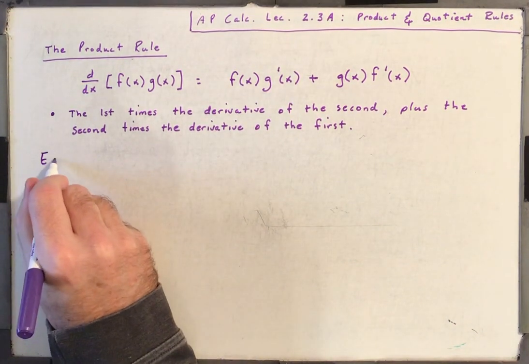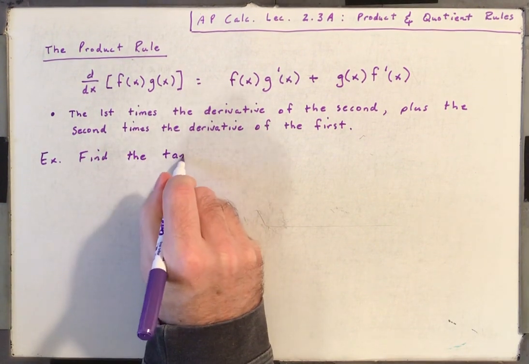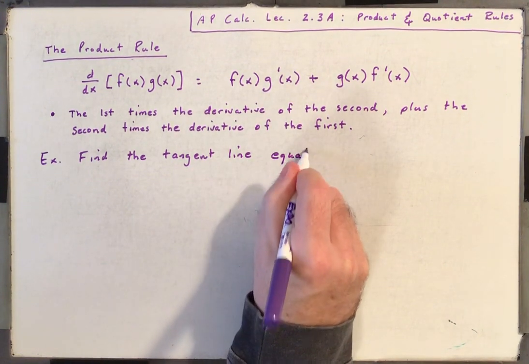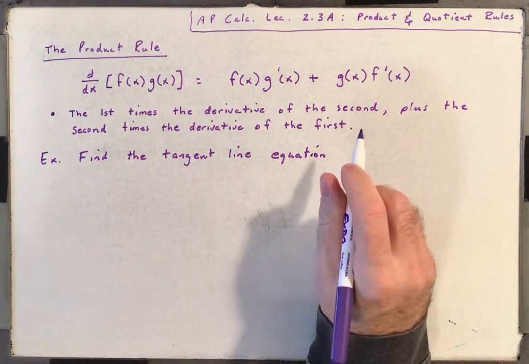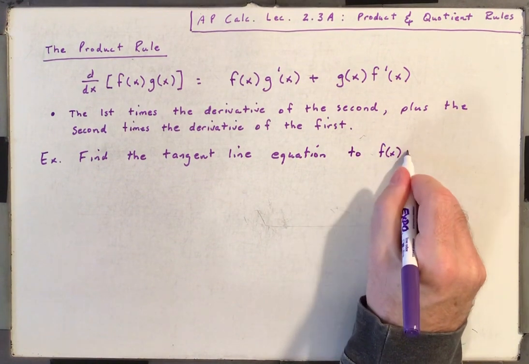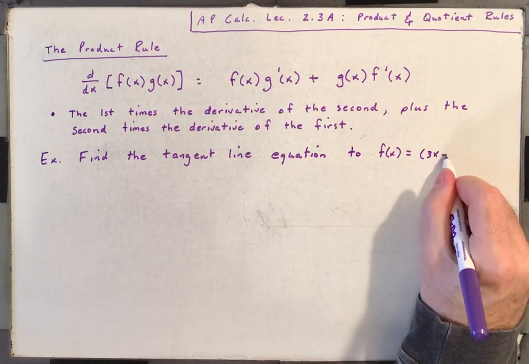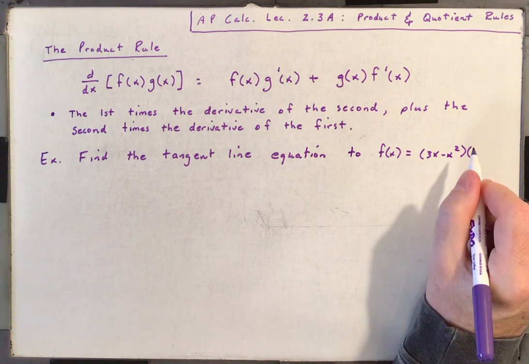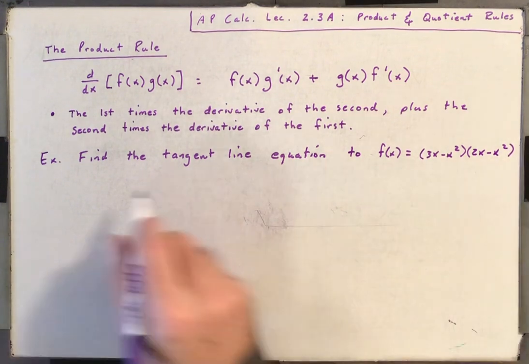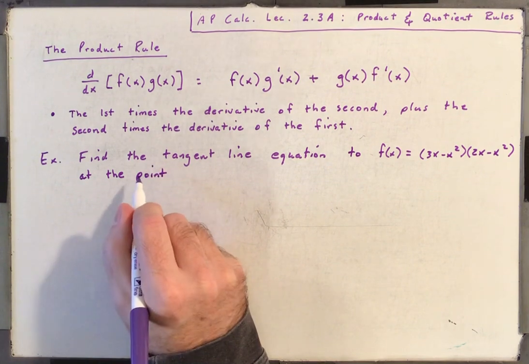So let's find the tangent line equation to f of x equals 3x minus x squared times 2x minus x squared at the point 1, 2.